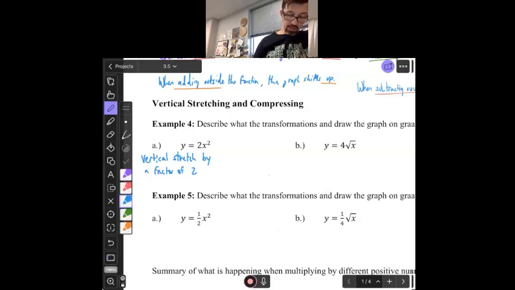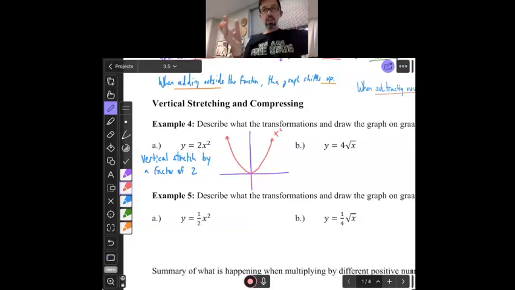So what did that look like? So we saw the parent function that started at 0, 0. That's a parabola, or something like that. I'll just write the word x squared. This is much more comparative to me. Right? I said it looks narrower. If I don't have something to say it's narrower than, then that word kind of loses its meaning.